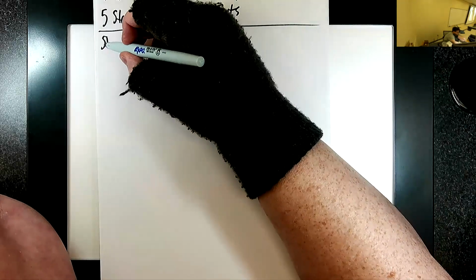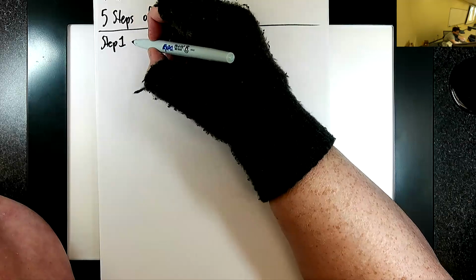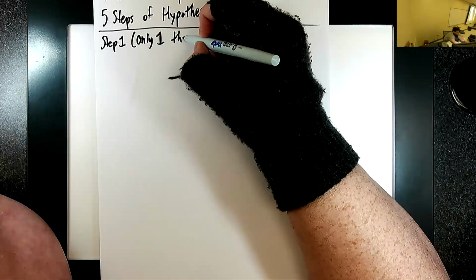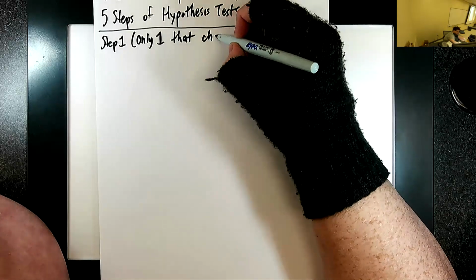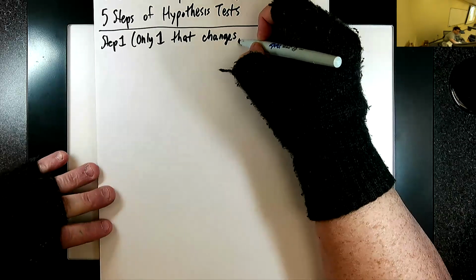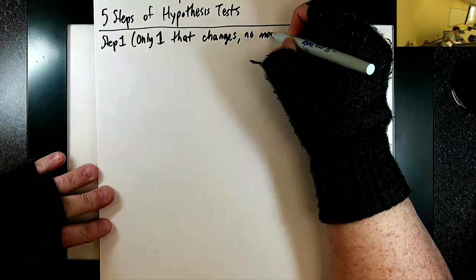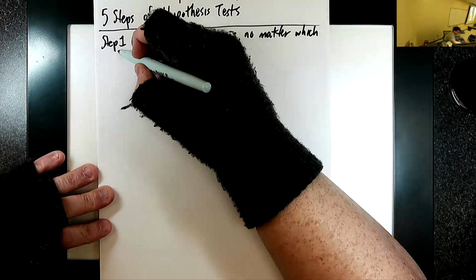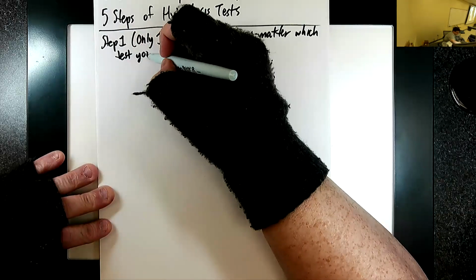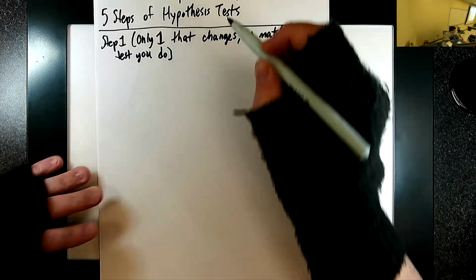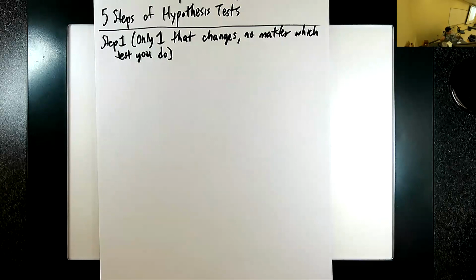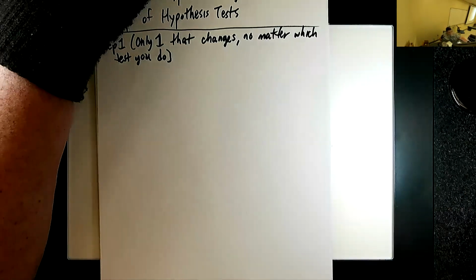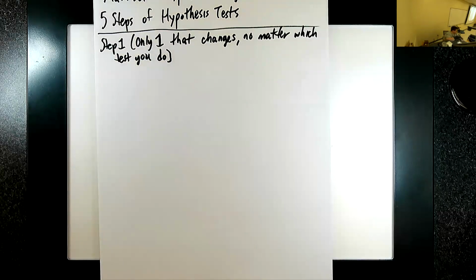Step 1 is the only one that ever changes, no matter which test you do. And it doesn't change by a lot. You will have 2 conflicting hypotheses.